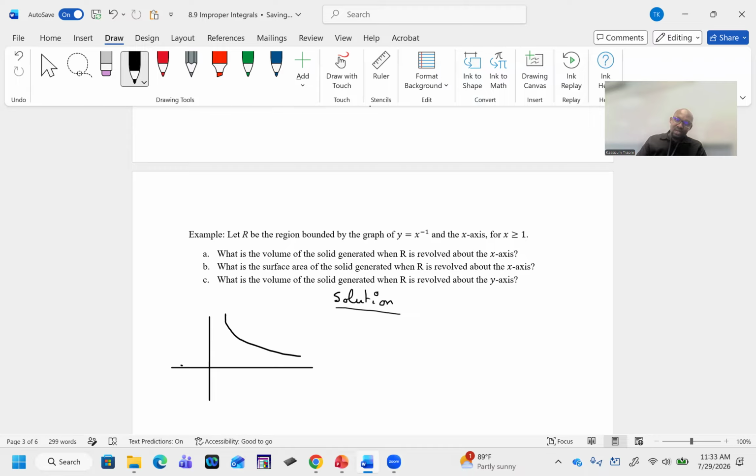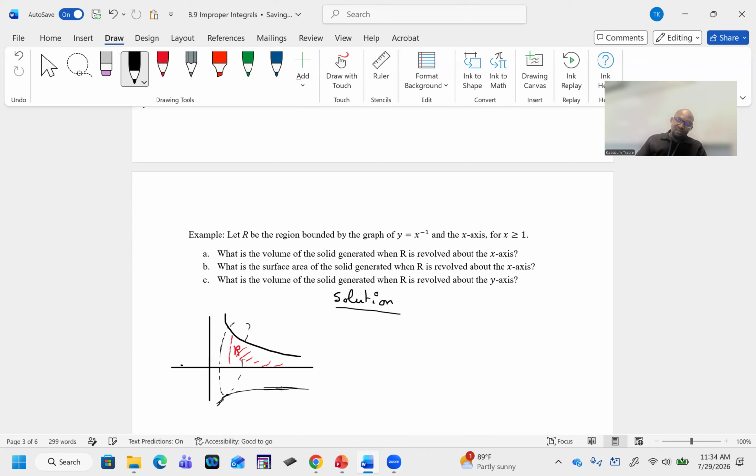About the x-axis, this will be R. If it's rotated about the x-axis, we will have something like this right here as well.